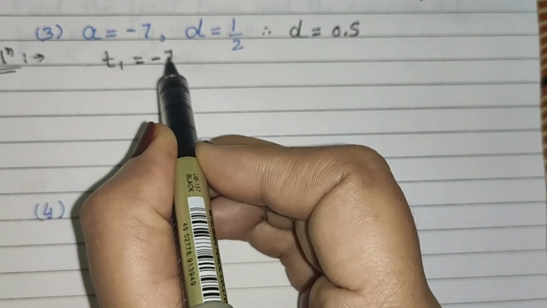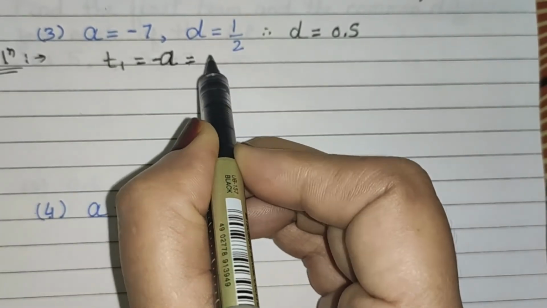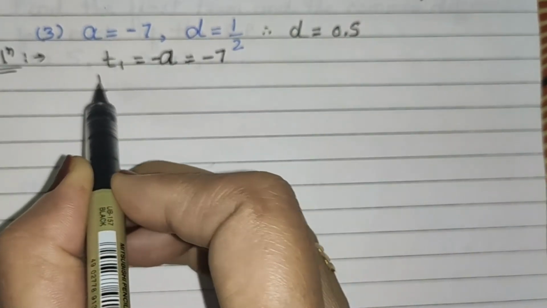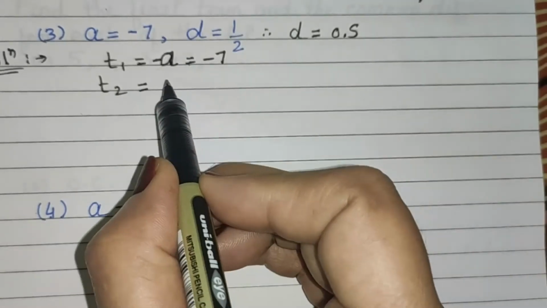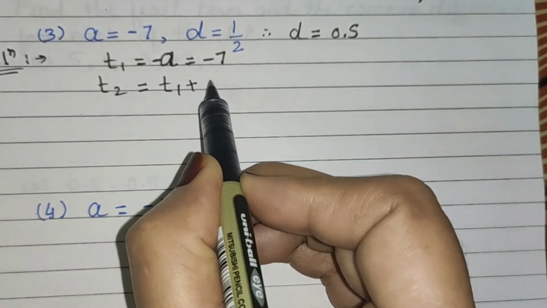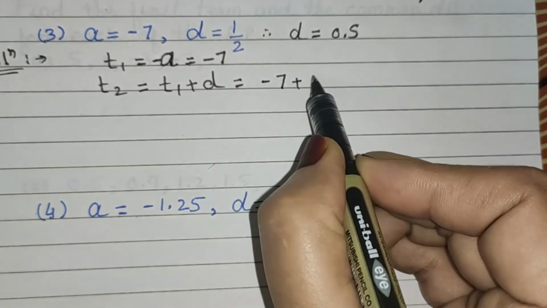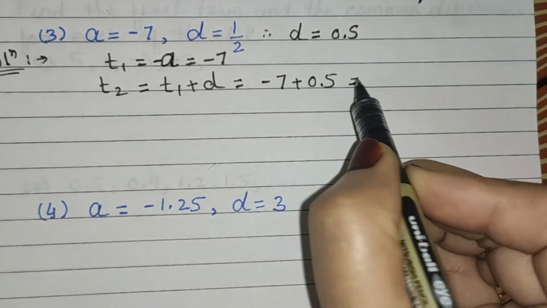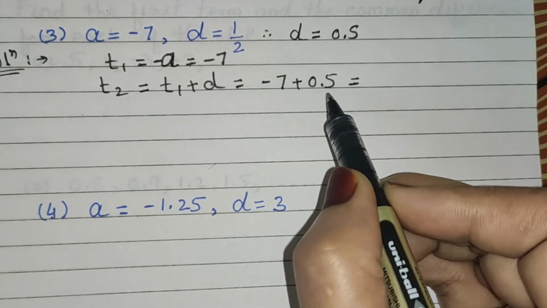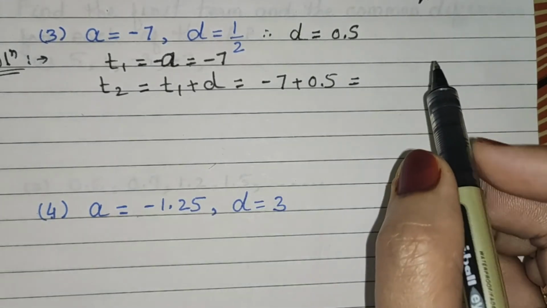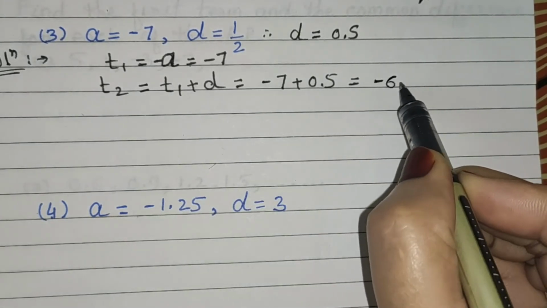T1 is equal to a is equal to minus 7. T2 is equal to T1 plus d, which is equal to minus 7 plus 0.5. Minus 7 plus 0.5, we get here minus 6.5.